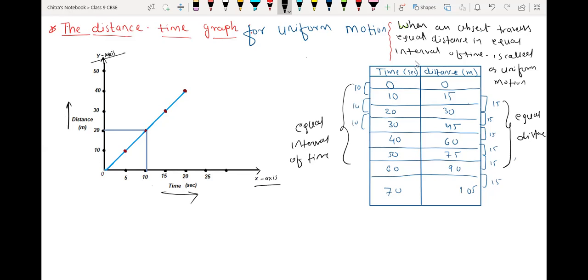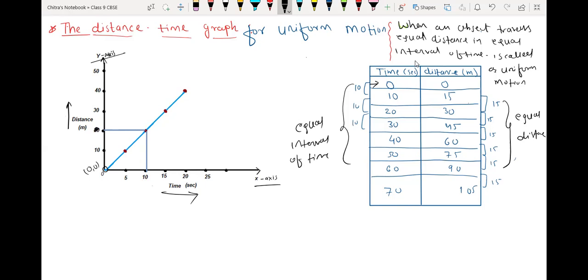That's why it is called a distance time graph. The first value says at 0 time the distance will be 0, so for both we have the coordinate 0 and 0. After 10 seconds we have taken 15, so we should take 15 here.